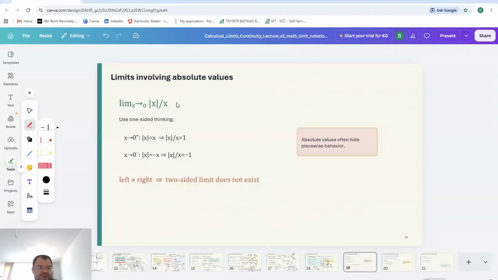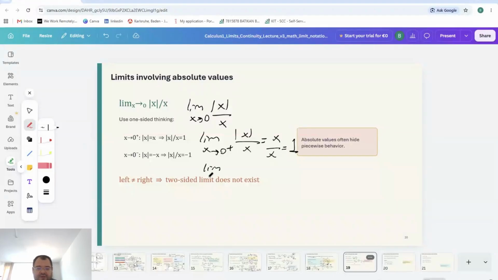Now, limits involving absolute values. In order to get rid of these absolute values, we need to approach x from the right or left side. If you approach x from the right side, since we are using values greater than 0, the absolute value of x just behaves like x, and x over x is 1.